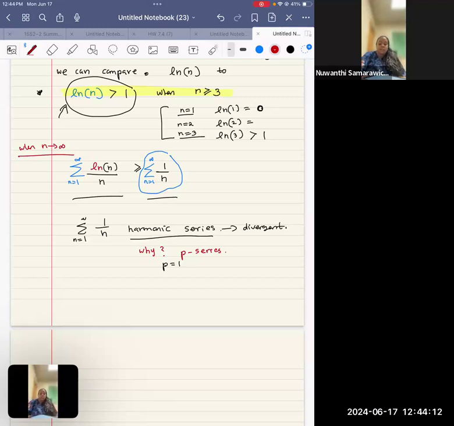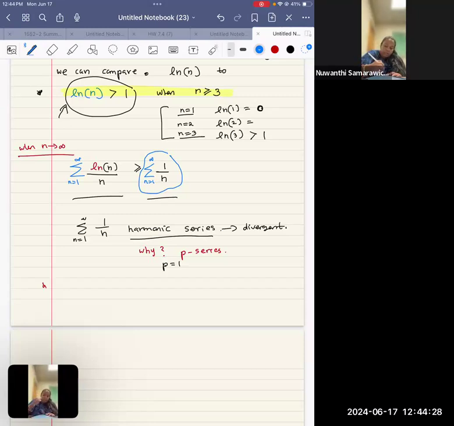Then what do you think about the bigger series? If the smaller series is divergent, then what do you think? It diverges as well.